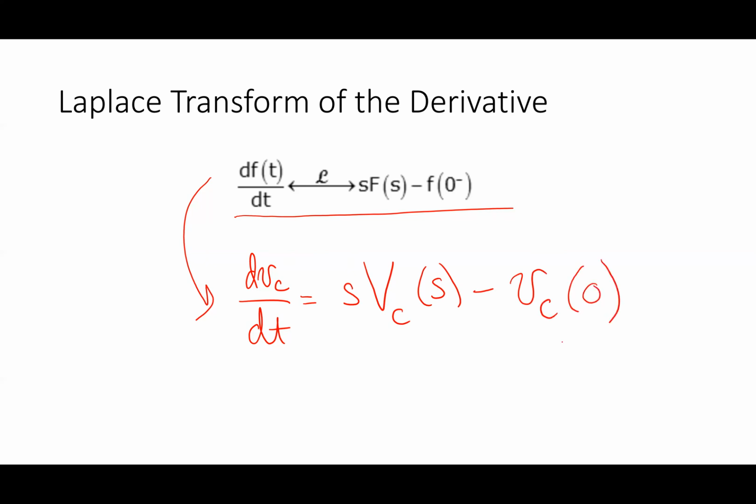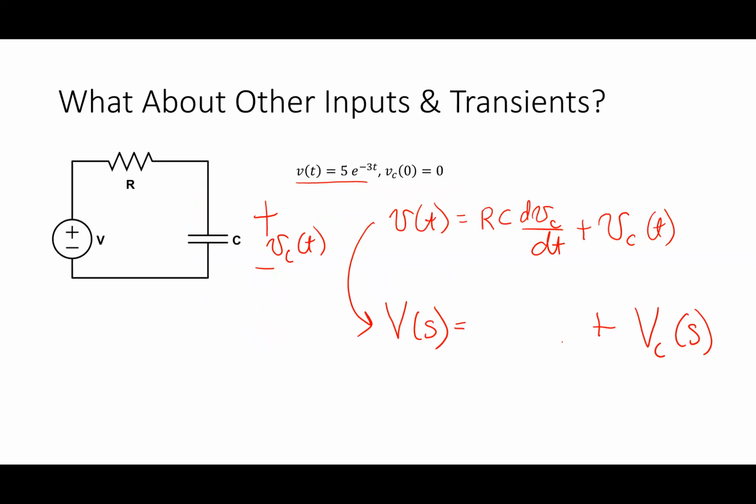It says 0 minus, but we know 0 minus and 0 plus are all the same, so I'm just going to write it that way. Now, how would I use that here? It's s RC times Vc of s. I didn't include the initial condition because I said it was 0. If I had one, I'd have to include it, but I don't.